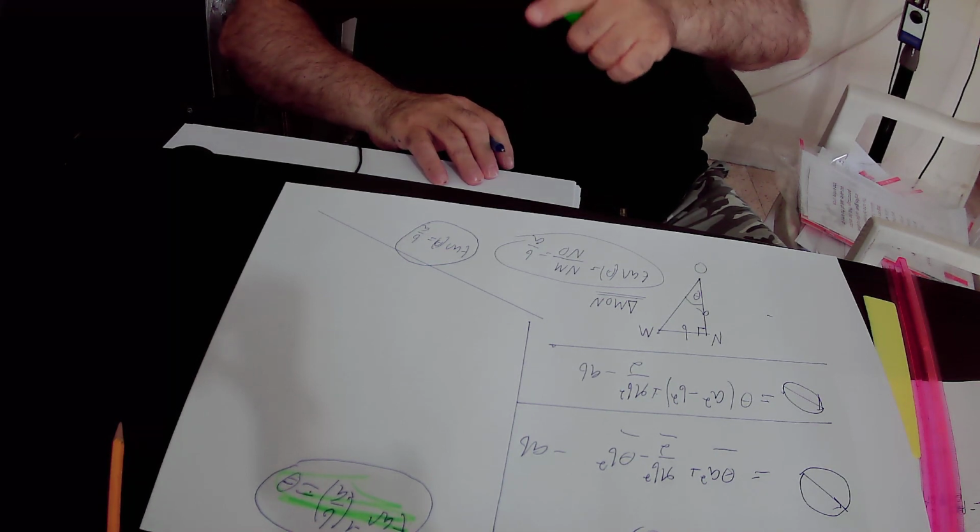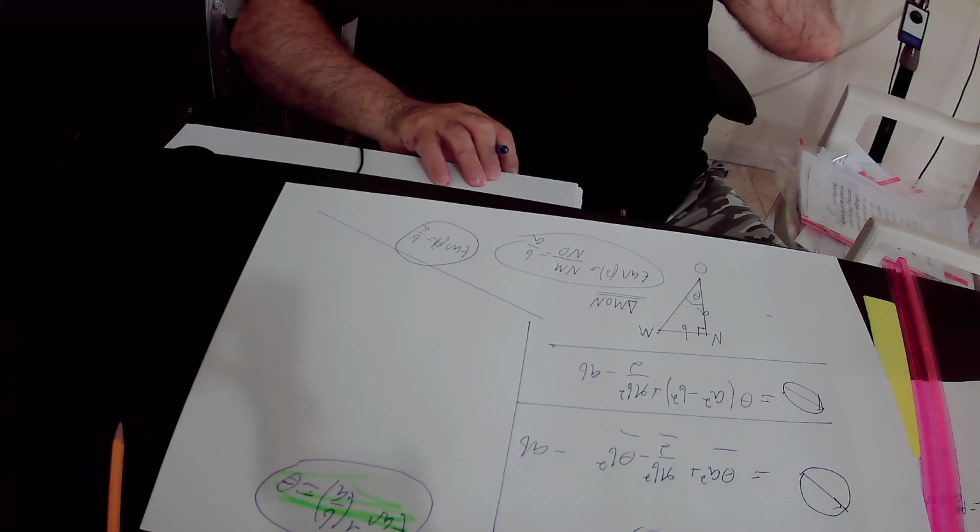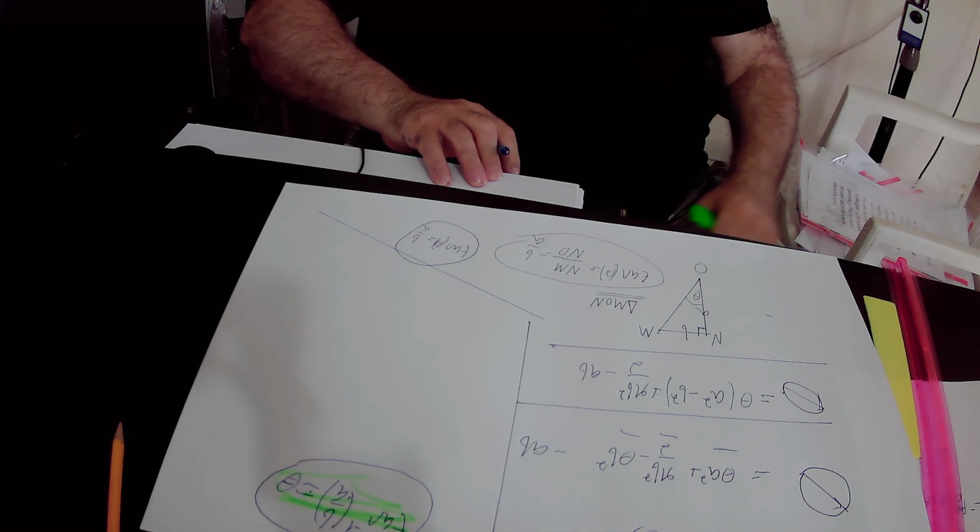Now we can substitute theta by tangent minus 1 of b over a.